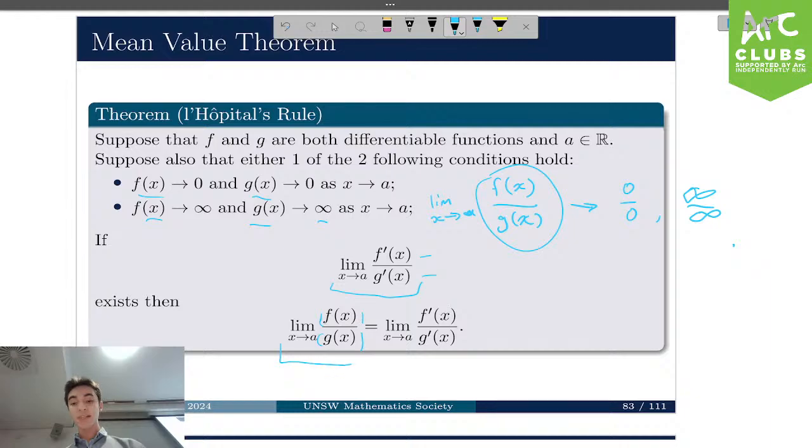This limit is equal to this limit: the limit of the function over the second function is the limit of the derivative of the function over the derivative of the second function.